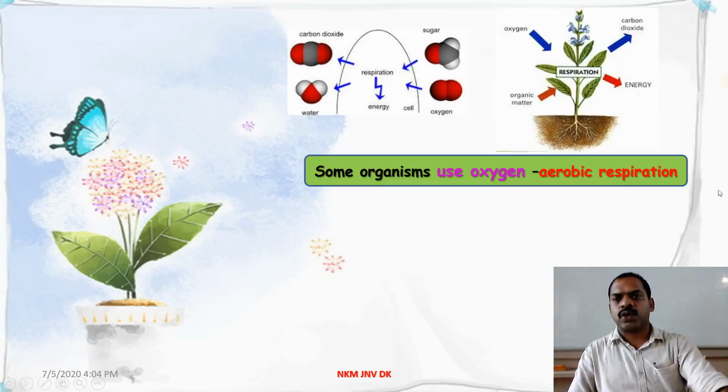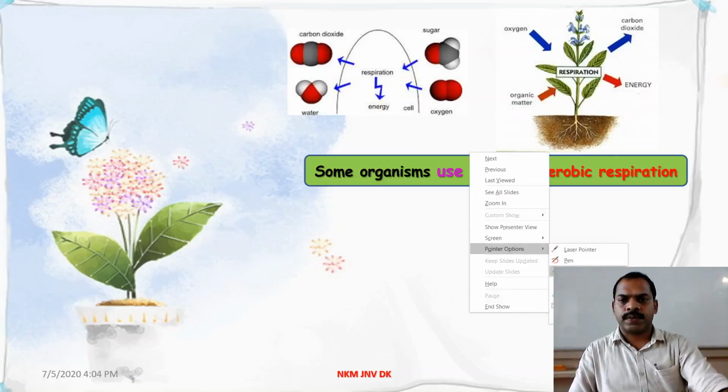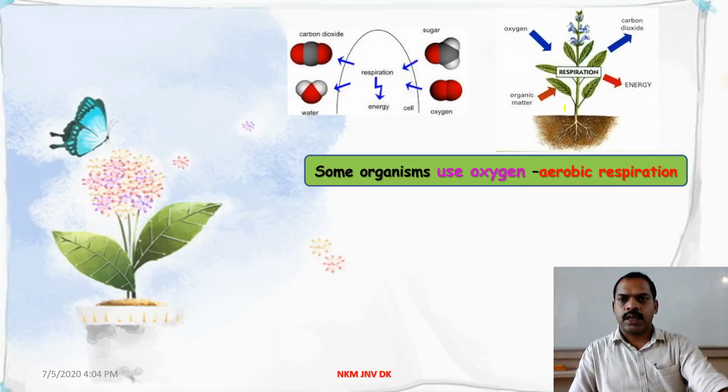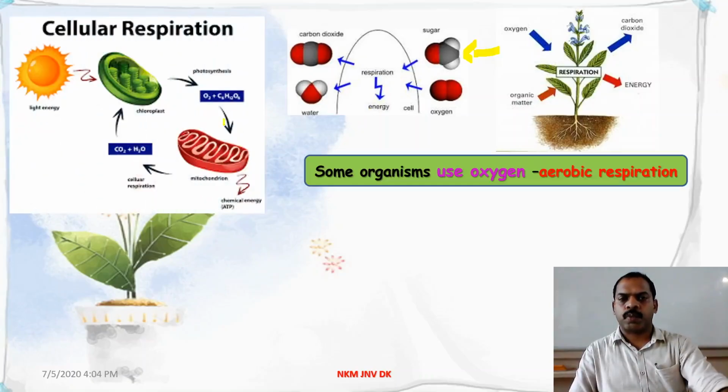The oxygen-using organisms, whether a plant or an animal, use the oxygen and release energy. You can see here sugar or glucose is used and the oxygen is used, and as a result of respiration energy is released, and carbon dioxide and water are the byproducts. This normally happens in a plant or animal.